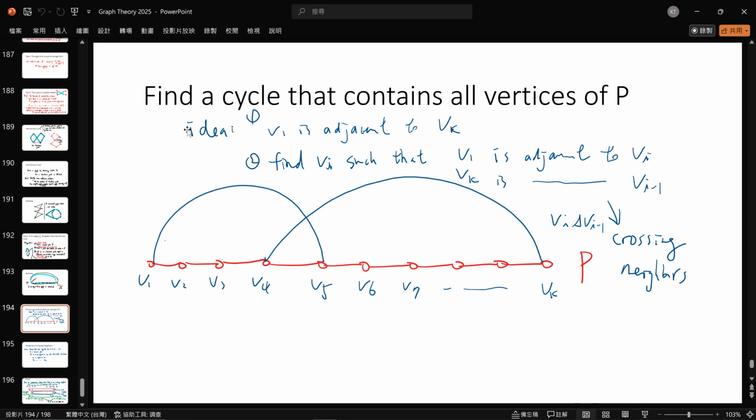The second idea is that when V1 and Vk, the two endpoints, are not adjacent, we can try to find two edges, not just one.